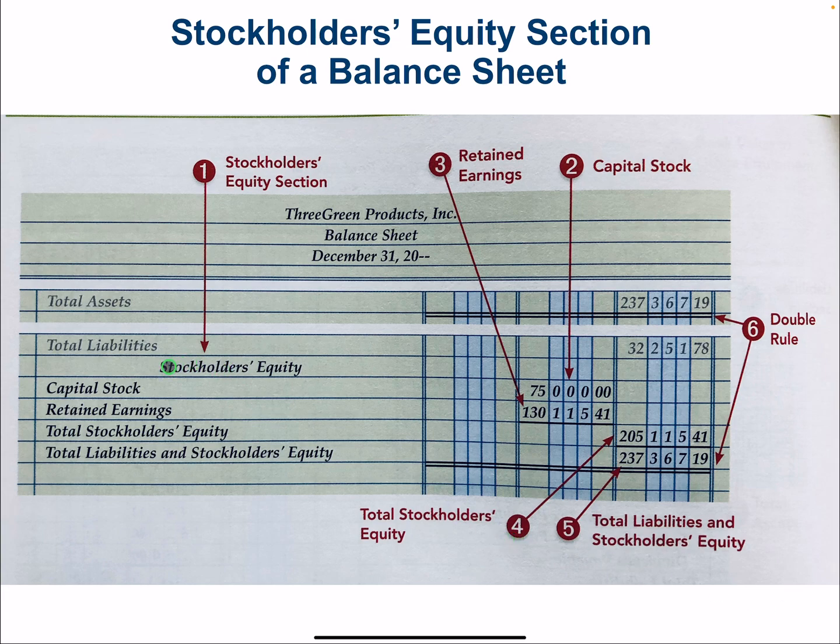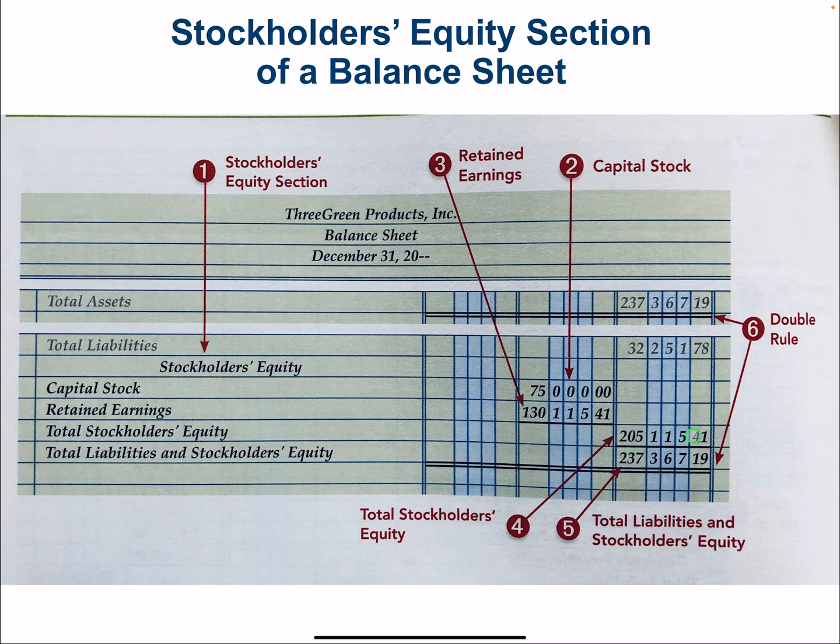The last part is our stockholders' equity. We will put our capital stock in there, whatever our capital stock is worth. And again, all of this information is taken off our statement of stockholders' equity that we just prepared. We have our retained earnings. We draw a single line.